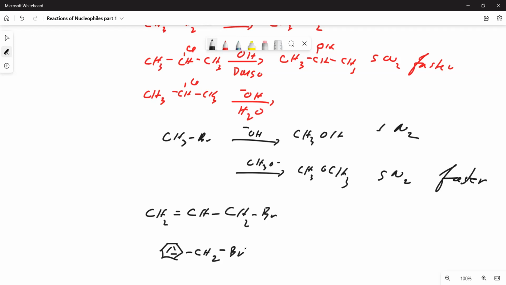Instead of methanol, use methoxide. So generally, the condition of SN2 is basic, because we need a nucleophile that is strongly basic also.